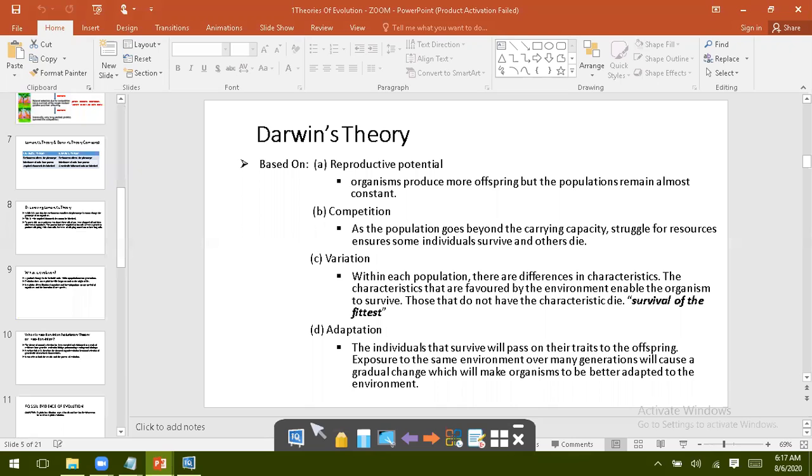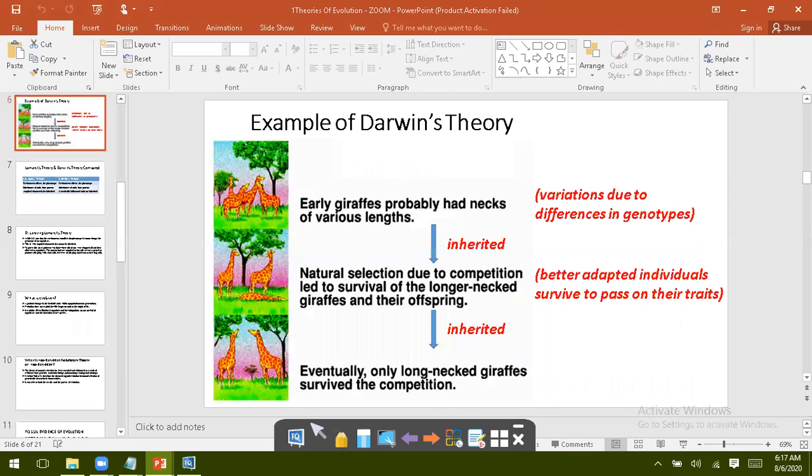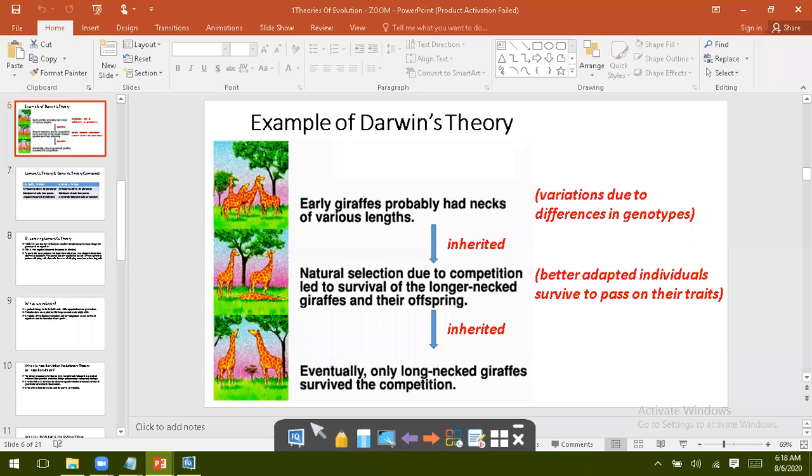So looking at the giraffe as an example, using Darwin's theory, Darwin said that giraffes already had differences in neck length, and then it was natural selection that allowed the best adapted members of the giraffe population to survive. So the longer necked giraffes were able to reach out to higher branches, and so were able to survive better.